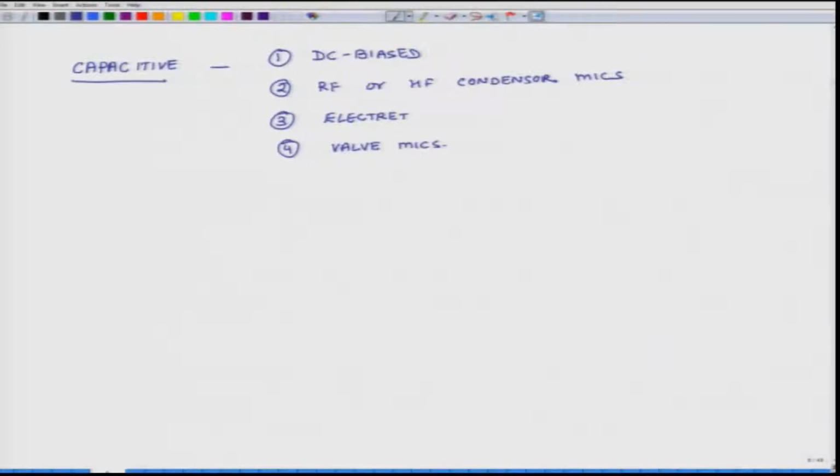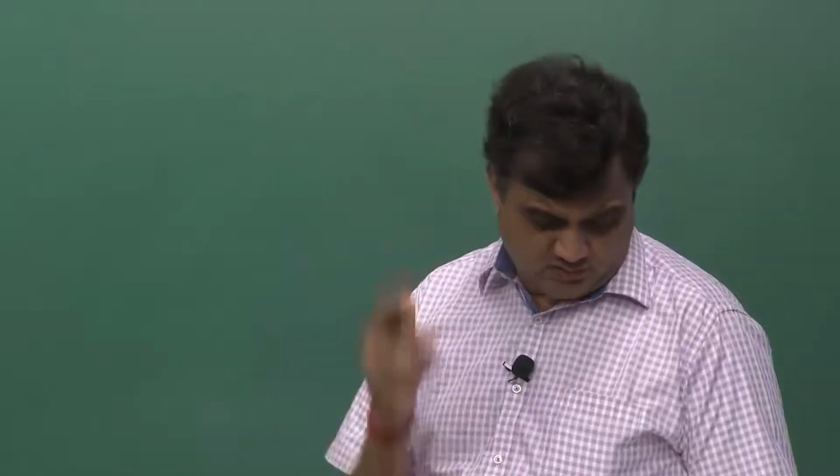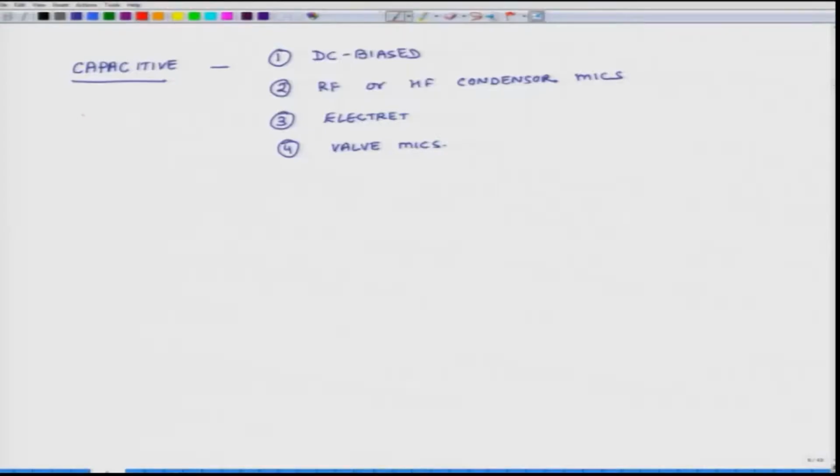Okay. So, first let us understand how a DC biased microphone works. By the way, the first microphone of this capacitive nature was invented by a person by the name Wente, W-E-N-T-E, in 1916. He was working in a company known as Bell Labs, which was started by Alexander Graham Bell, and this is where he invented this microphone.